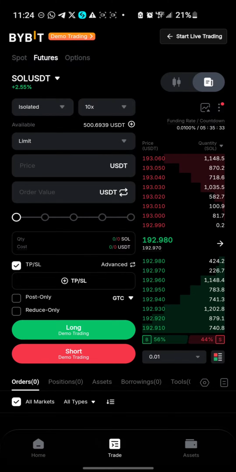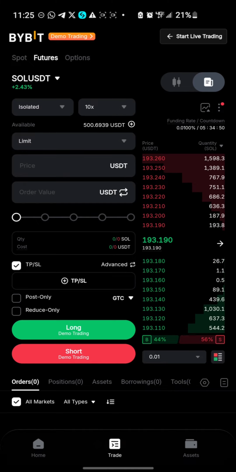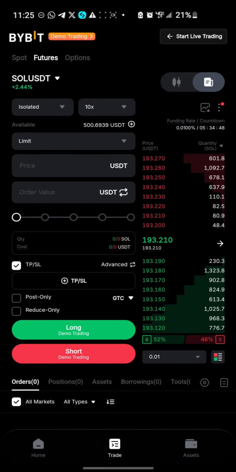The next thing you go for is what type of order you are taking. Is it a market order or a limit order? Those are the two types of order we usually use in futures trading. Now, what do you mean by market order? Assuming a signal is dropped for you, and it says you should enter the trade at CMP or market order, that means you are entering that particular trade at the current market price of that coin.